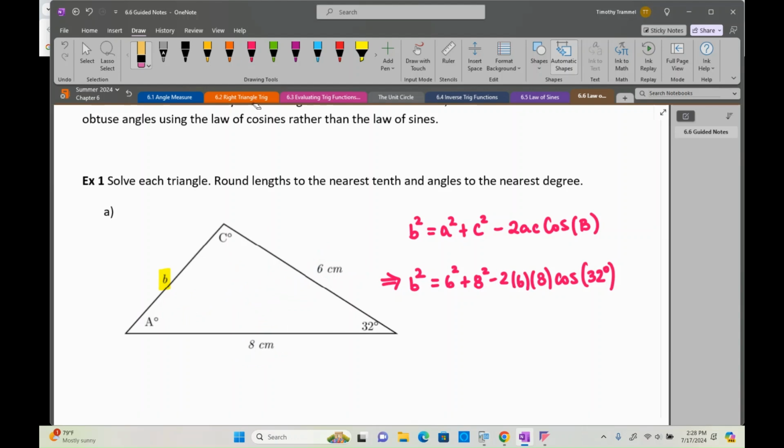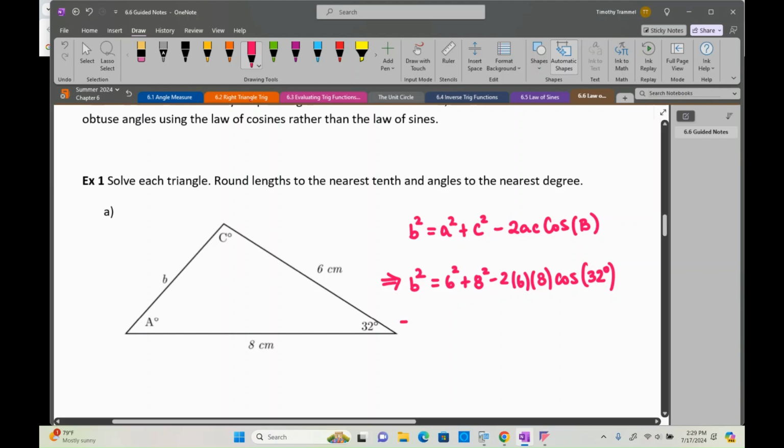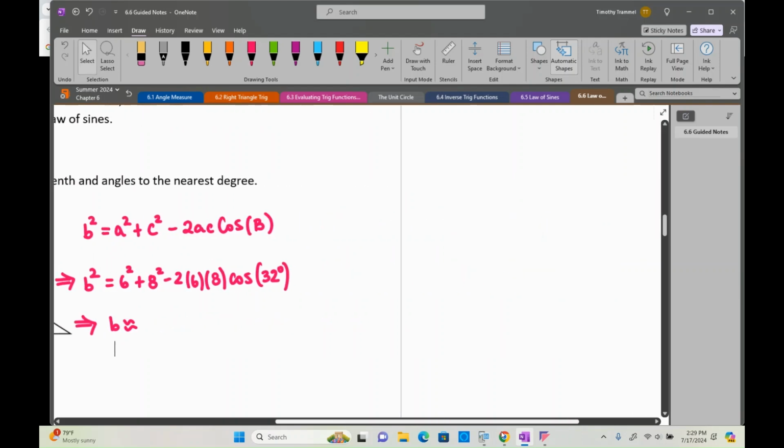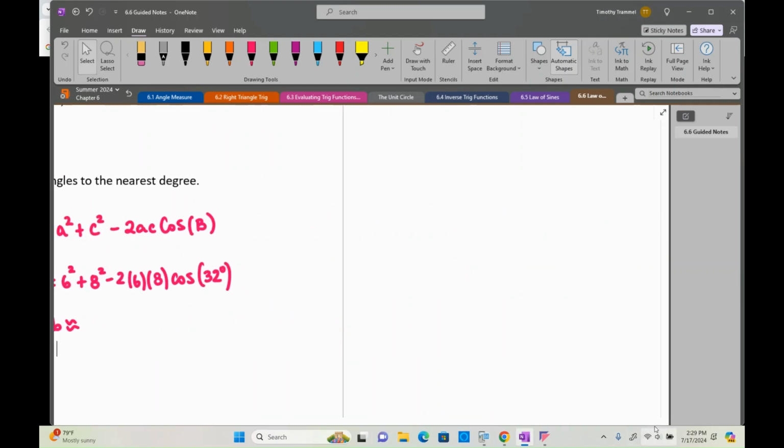So law of sines would not have worked here, at least in the beginning. Maybe if we find another side or angle, that'll change. So if we keep going here, we really just need to plug this into our calculator and then take the square root of that. Okay. So I'm going to go ahead and scoot this over and we'll get this plugged into the calculator.